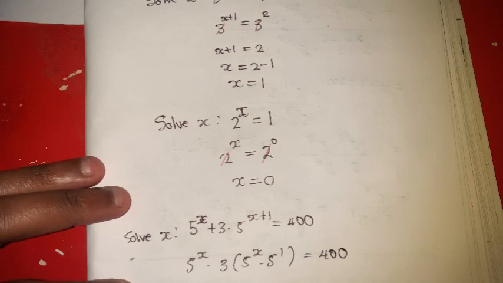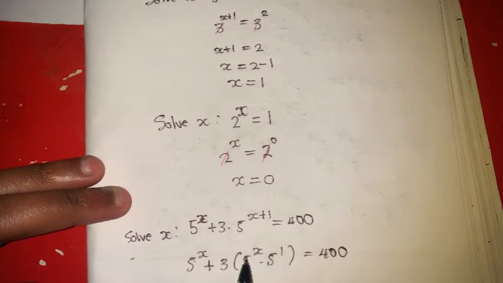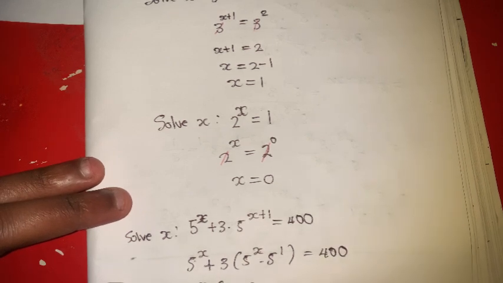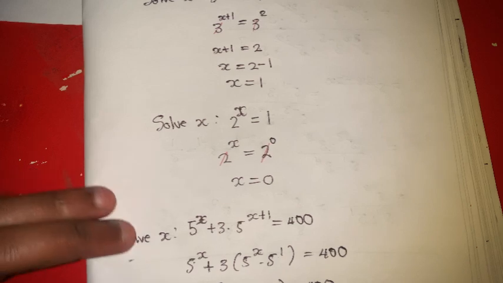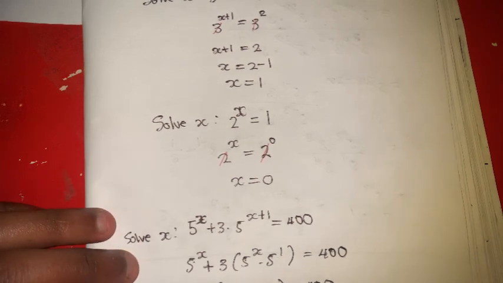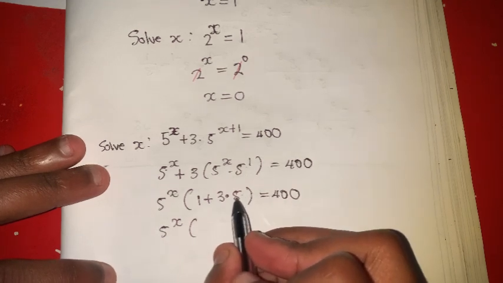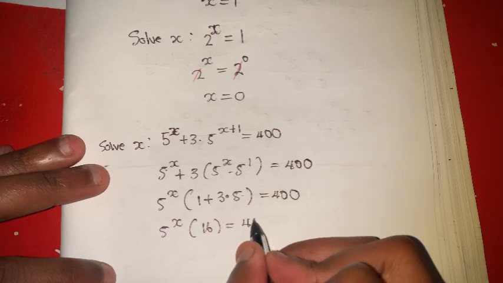You can see that you have 5^x and 5^x. So you can take out the common factor, 5^x, and you'll be left with 1 plus 3 multiplied by 5 equal to 400. So you know that 3 times 5 is 15, plus 1 is 16, equal to 400.